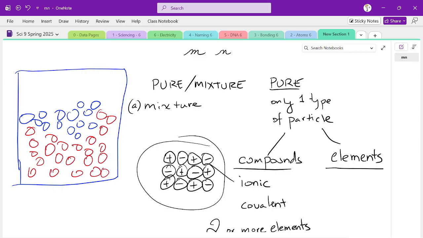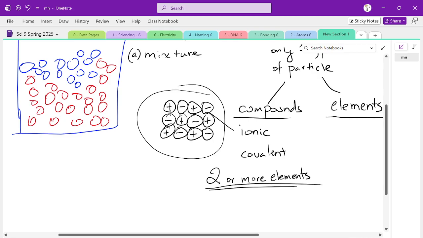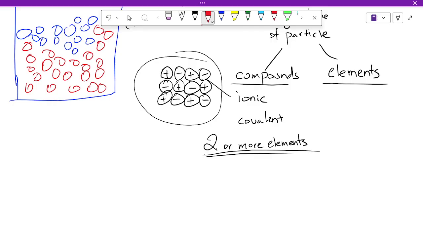Are we ready to vote? Okay, let's do it. 5, 4, 3, 2, vote. I got pure substances, I got mixtures, I got all kinds of things. So what we've got here is, say for example, this might be Na plus, and this could be Cl minus, and those two things are together.